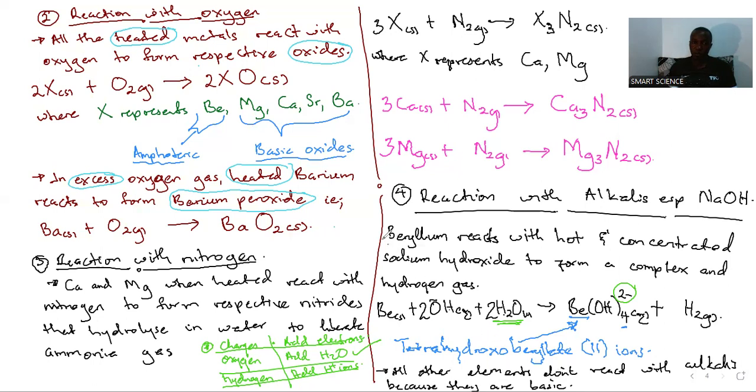So it is only beryllium, which we've looked at here, which has a unique property, and this is amphoteric. Because it is amphoteric, it can react with both acids and alkalis. That's why we are seeing it reacting with sodium hydroxide.